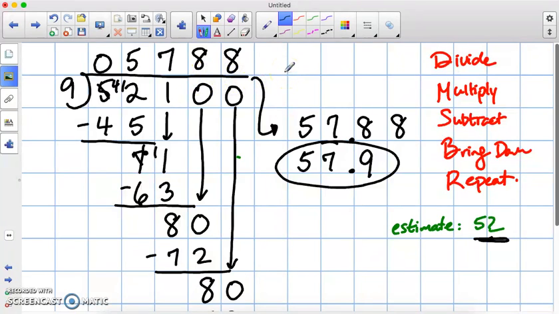It won't always be a repeating decimal. So we took the numbers in the quotient, we determined the decimal placement had to be between the 7 and the 8 based on our original estimate because it had to be around 52. Final task was rounding the quotient to the nearest tenth, and so what we got was 57 and 9/10. And that is division with decimal numbers.